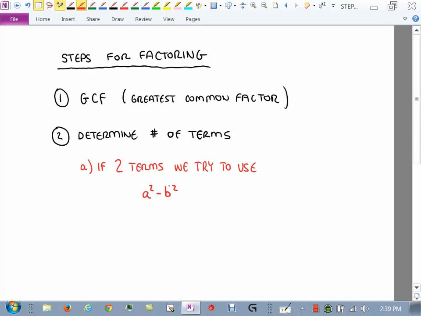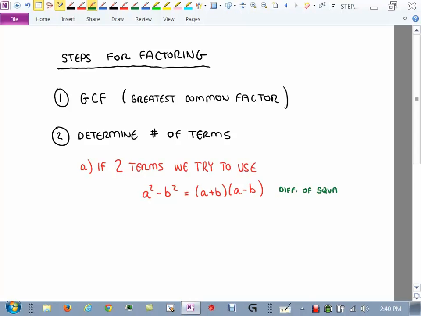What's that called? Difference of squares. We can use that formula. The formula for difference of squares told us that if you ever have 2 terms and there's subtraction between them, and each of the terms is something squared, then you can reduce it down to these 2 factors. Does that ring a bell? Okay, it's called difference of squares. I'm just going to put next to it, difference of squares.